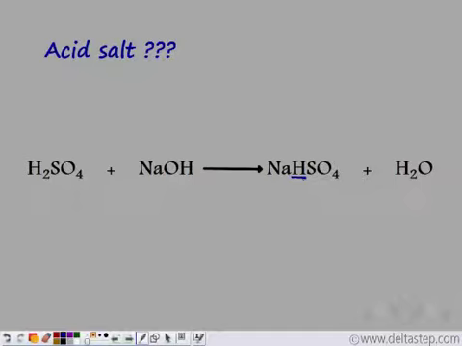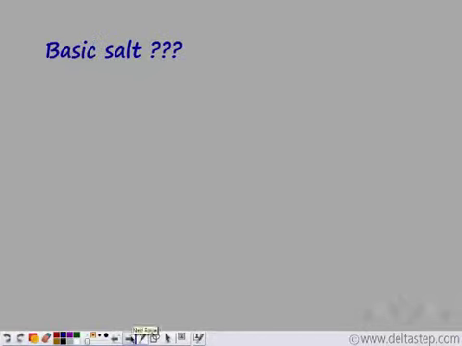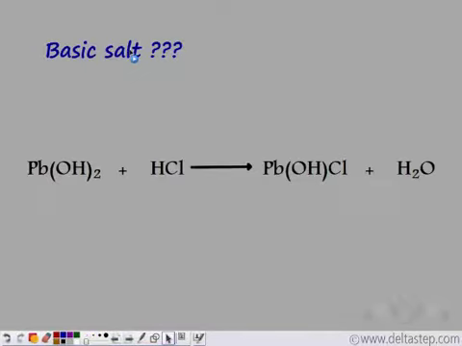As we define the acid salts, we similarly have the basic salts. Now what do you think are basic salts? As the name suggests, there has to be the presence of OH radical. So basic salts are defined as those in which there is partial replacement of the OH radical. In this case, we have a base, it reacts with an acid, and there is a partial replacement of the two OH radicals that we have.